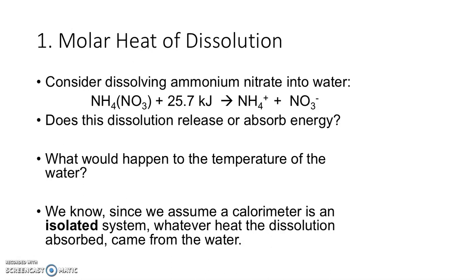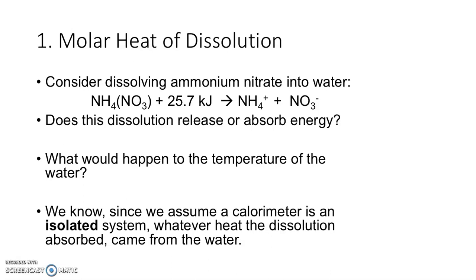It needs that energy to dissolve. So if the reaction needs energy to dissolve, where is it going to get that energy? From the water around it. Once the salt goes into the water, it will steal 25.7 kilojoules from the water, which will cause the temperature of the water to go down.